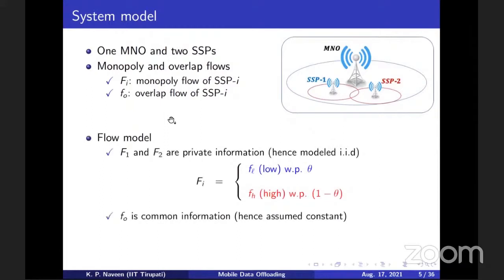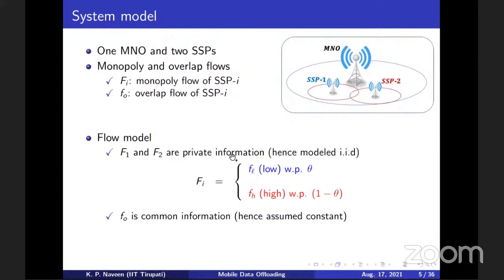So what is the particular flow model that we will consider? The users in this region, the request for traffic generated by them, is actually private information of the individual SSPs. SSP1 may have some information about F1, but not about the traffic generated by users in the coverage region of SSP2.